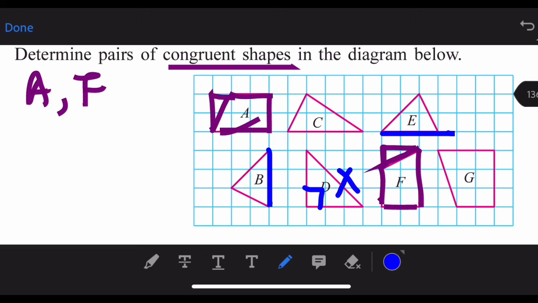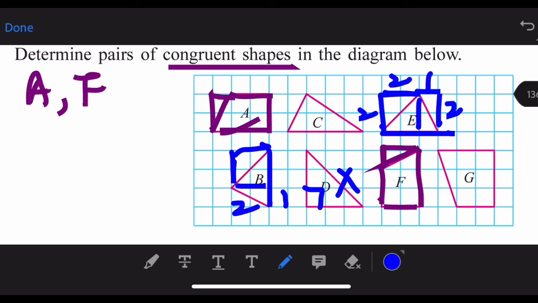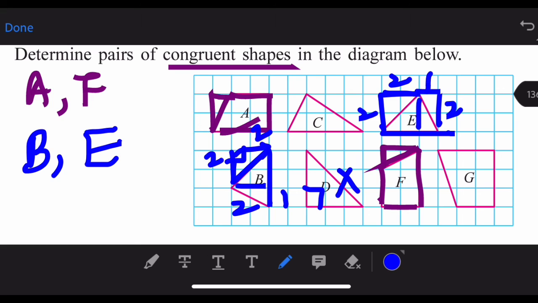Here we can see we have the height, the 2, and then we have 1 and 2. You can check the right angle triangle beside the line. This is 2 and 2, so Pythagoras theorem, right? So I think B and E are also congruent shapes.